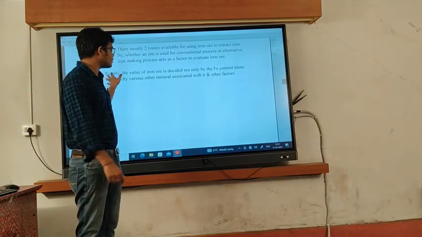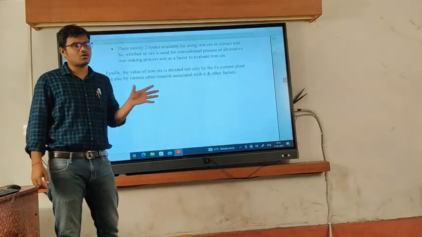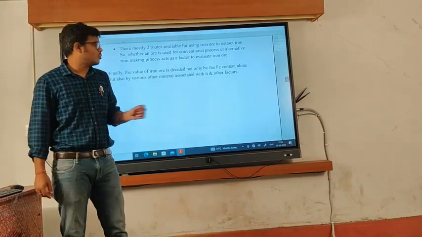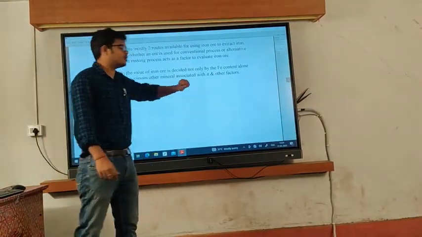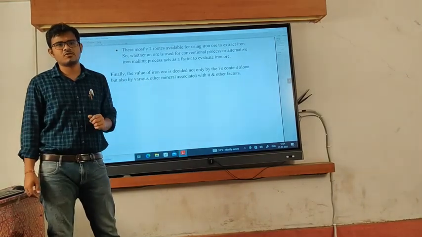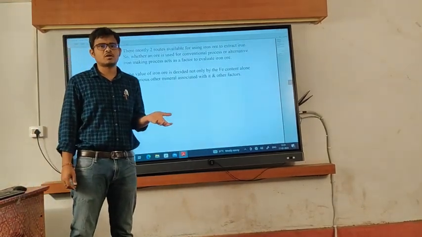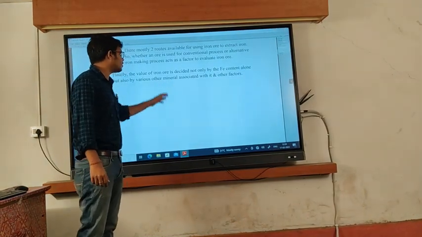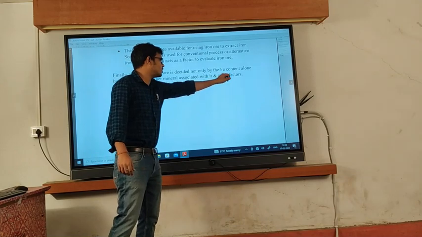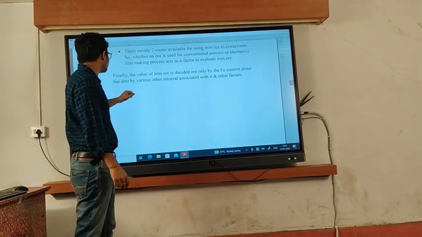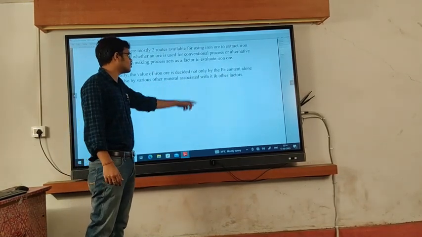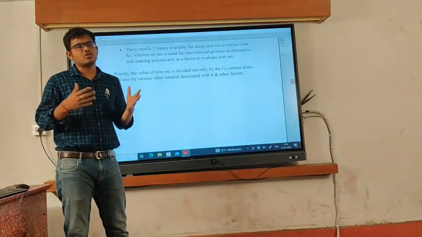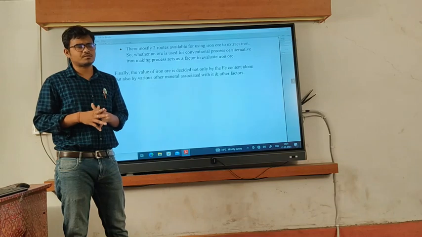We have seen various parameters which are also deciding factors whether we should use that ore or not. Only Fe content, only the richness, is not the factor whether we should choose an ore for iron making or not. There are various other minerals associated with it and various other factors, like the geographical, geological, location factor, and the treatment factor.